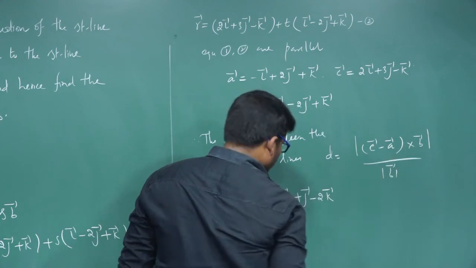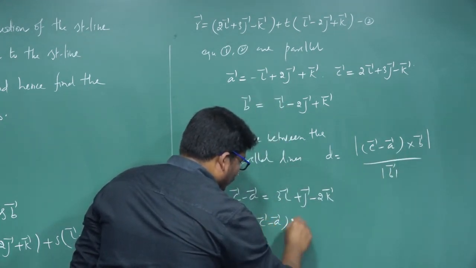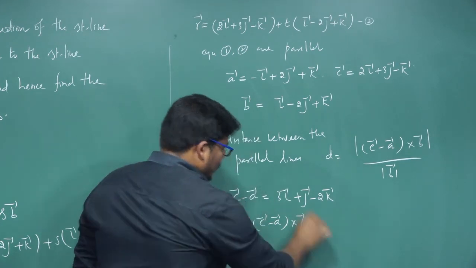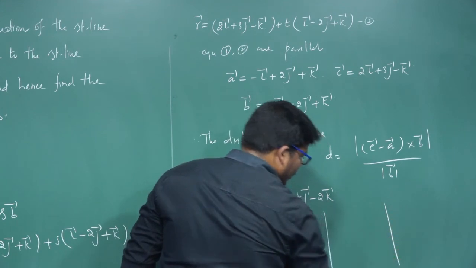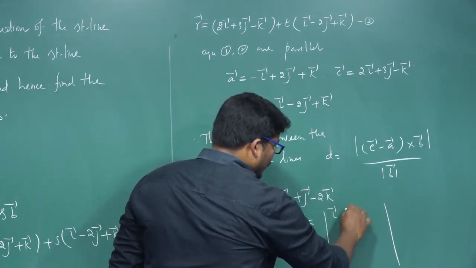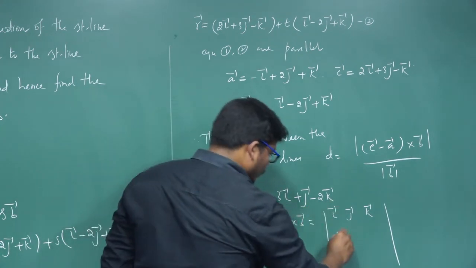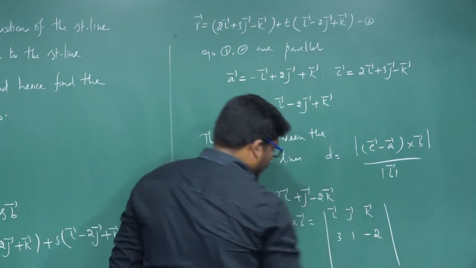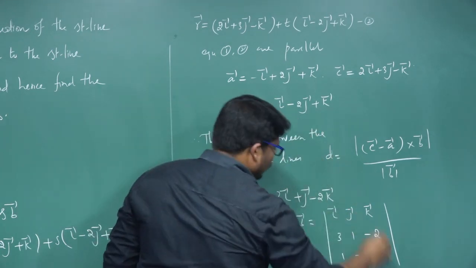Now find C vector minus A vector cross B vector, which is the vector product of two vectors. Now write in determinant form: i vector, j vector and k vector. The components of C minus A are 3, 1, minus 2. The components of B are 1, minus 2, 1.